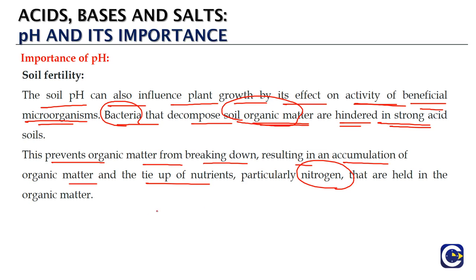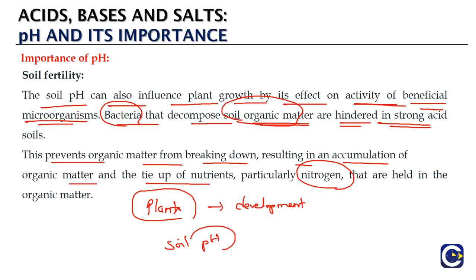So as such, within the plants we need to have pH in a particular range, that is for the general development of the plant growth. And for soil pH, we will require it to be mildly acidic.